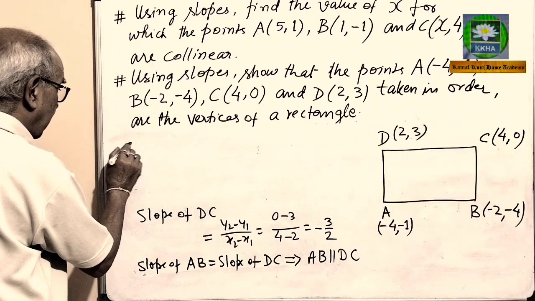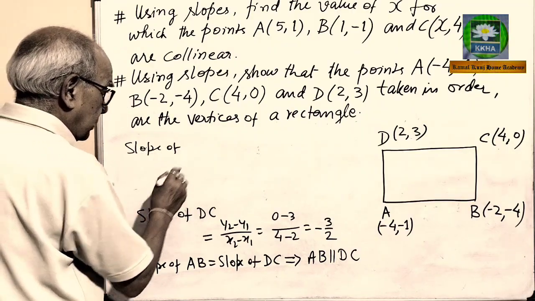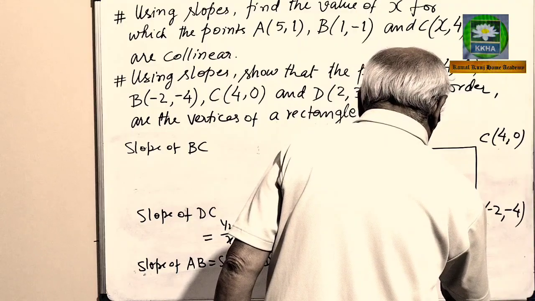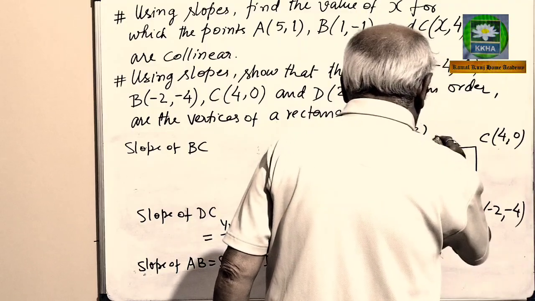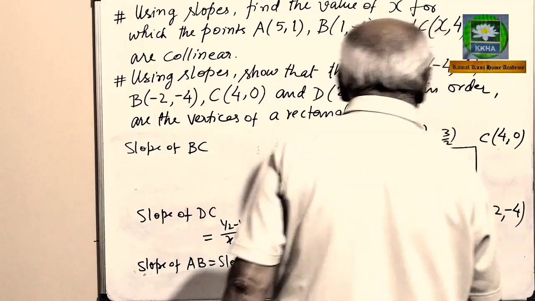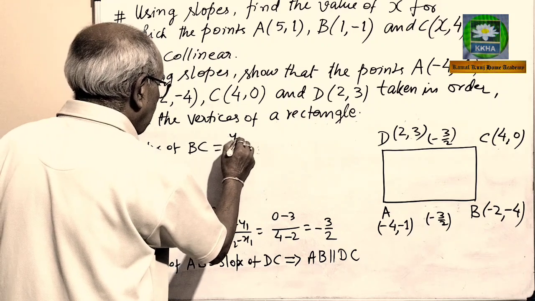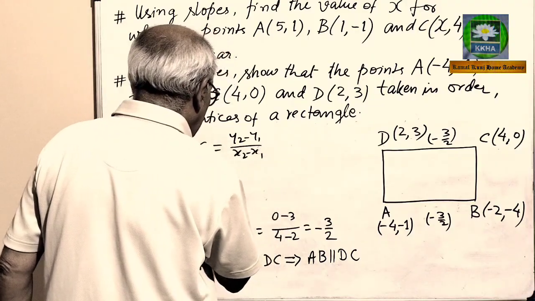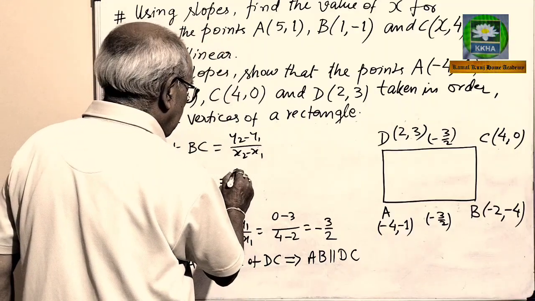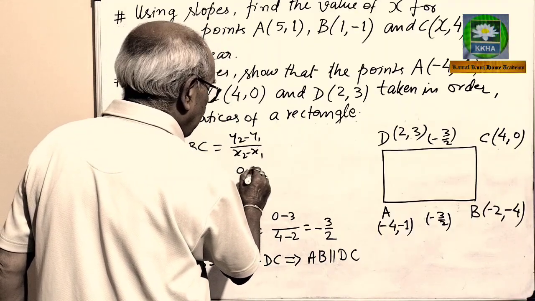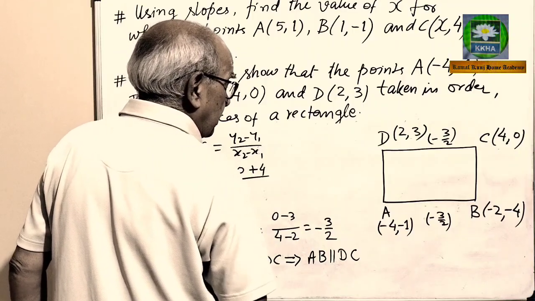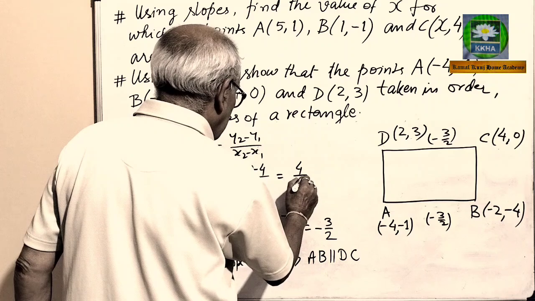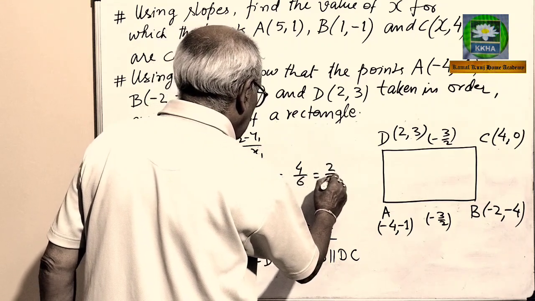Now slope of BC will equal y2 minus y1 upon x2 minus x1, which is equal to here y2 is 0 minus minus 4 is plus 4, upon 4 minus 2 is plus 2... 4 upon 6, which is 2 upon 3.